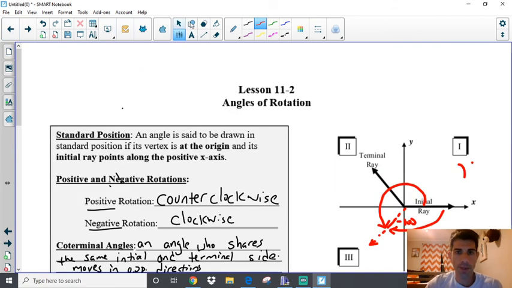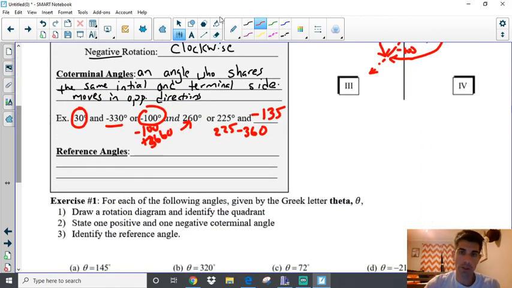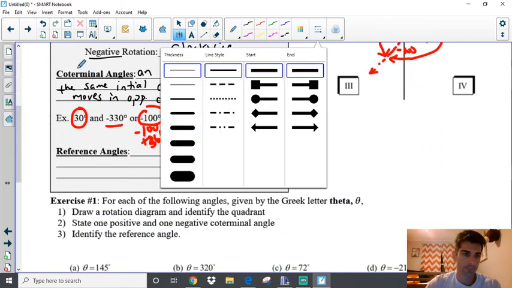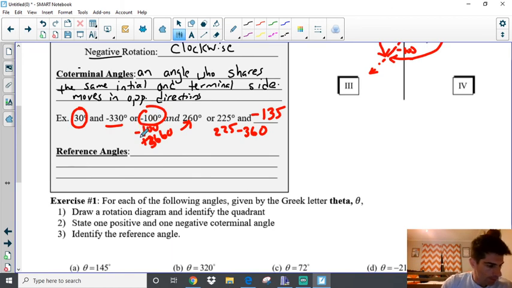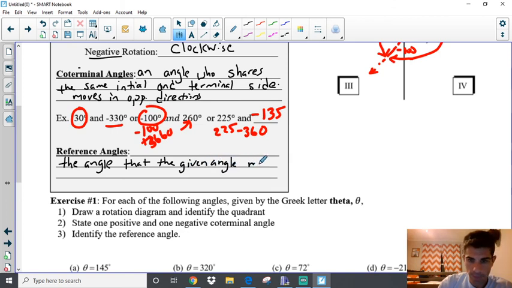If we want to put that into words, if you really want to know, it is the angle that the given angle makes with the closest x-axis. I think that's the easiest way to write it. The angle that the given angle makes with the closest x-axis.